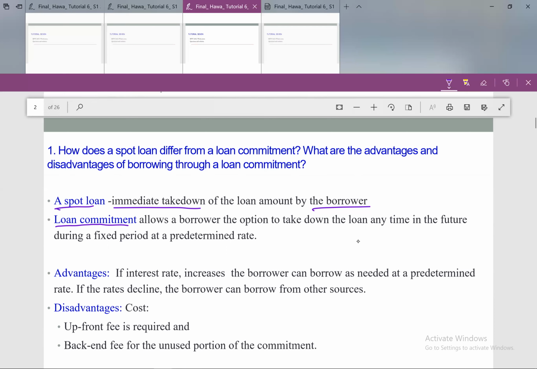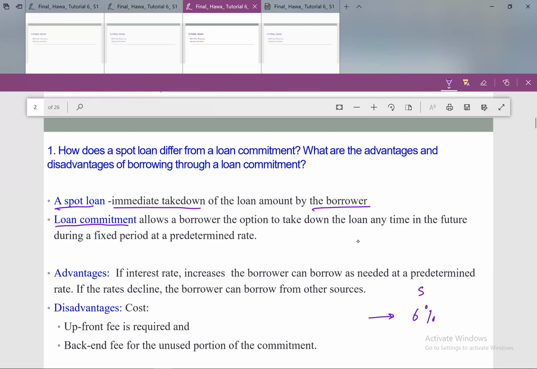For example, I signed a loan of 8%, or 6%, and this is what I want to pay. But then, this loan will be taken after 2 years, and I want to fix this rate.